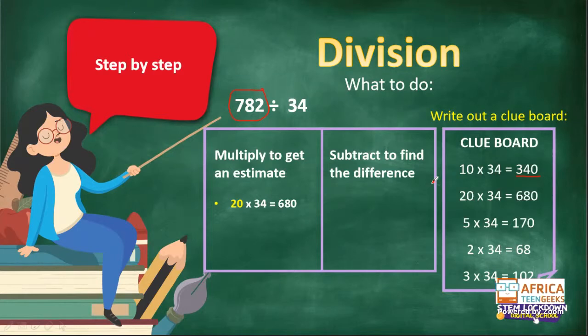Because now I have 680 over here. This is not the answer yet because it's not big enough yet. I need to do something now. Who can tell me what's the next thing I do? Because if I say 20 times 34, I only get to 680. What do I do now, guys? There's a clue on the screen for you.